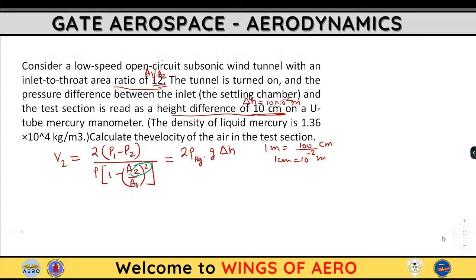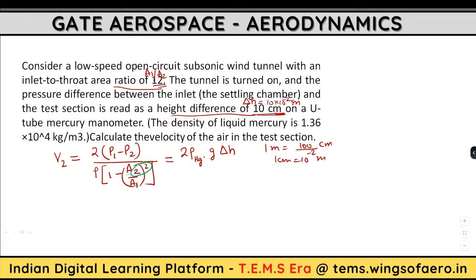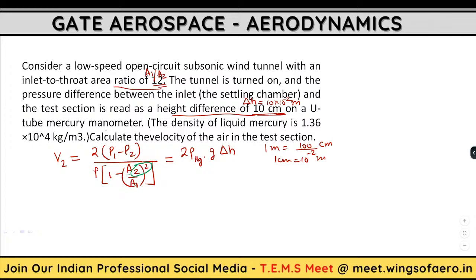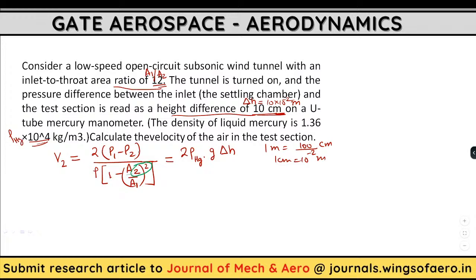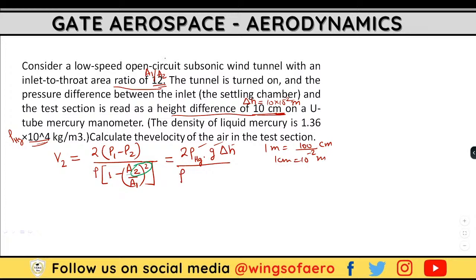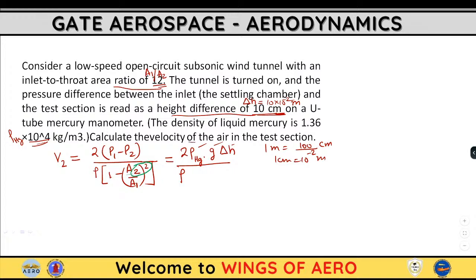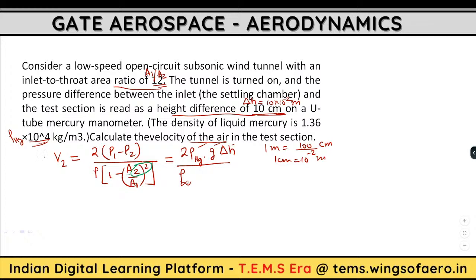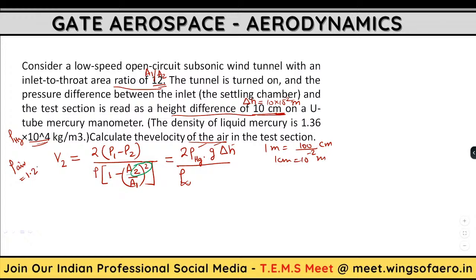Okay. Now moving to the next, what is given is the density of the liquid, the density of mercury, which is given. So these factors are known. Then of course the density of air. Since it is the density of the air, if you remember, what is the density of the air? 1.25.